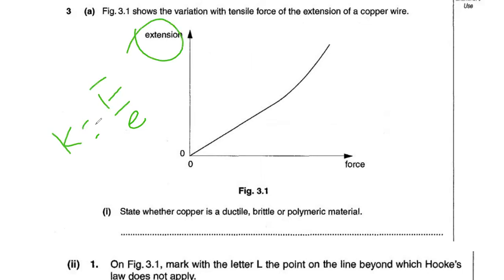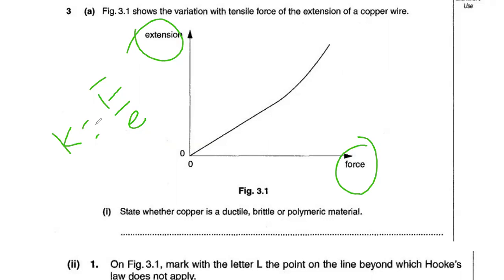The graph I showed you guys was the other way around: force was on the y-axis and extension was on the x-axis, so you could directly take out the gradient and find the spring constant. But over here, extension is on the y-axis and force is on the x-axis.